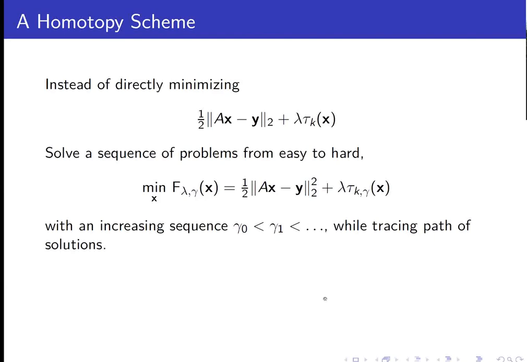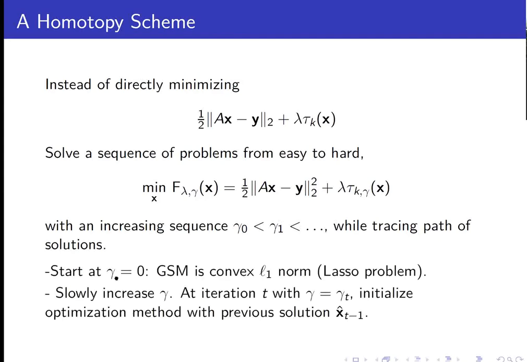This is called homotopy. This is our proposed approach. When gamma equals 0, we start from a convex problem, so we know its exact solution. Then we slowly increase gamma. We have some theory about how to do that, but I won't have time to go into it. At each new value of gamma, we start from the solution we found previously.